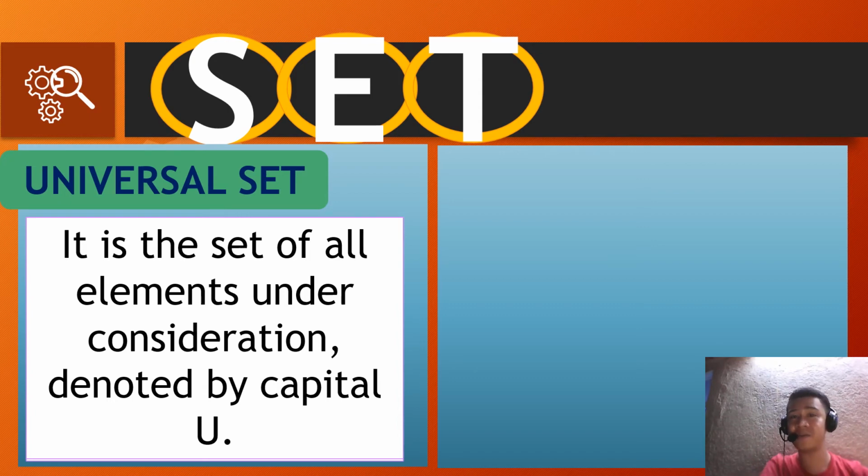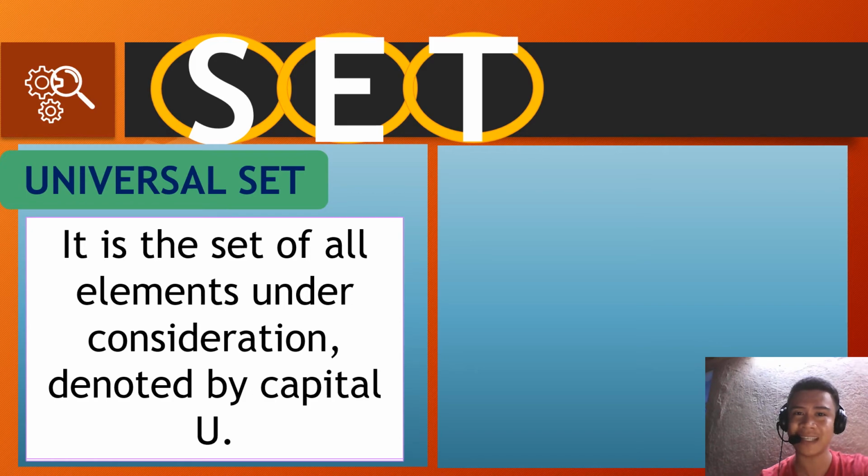So the universal set is a set that has everything. Well, not exactly everything, huh? Everything that we are interested in. So sadly, the symbol is the letter U, which is easy to confuse with the U na ginagamit sa union. So we have to be careful.